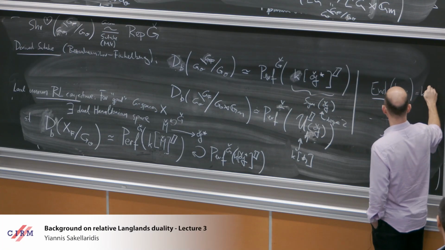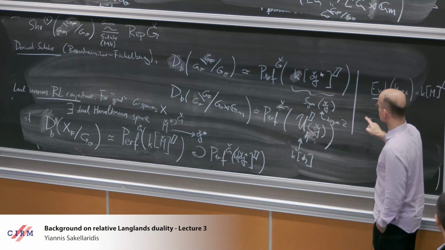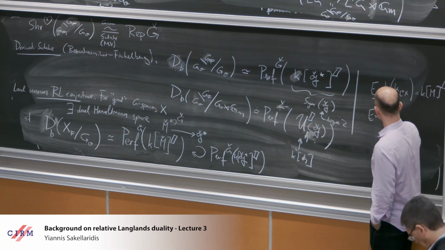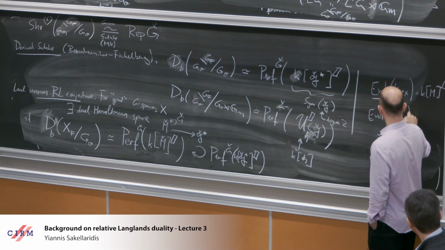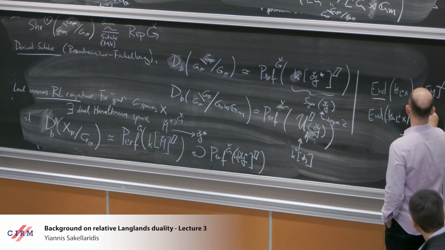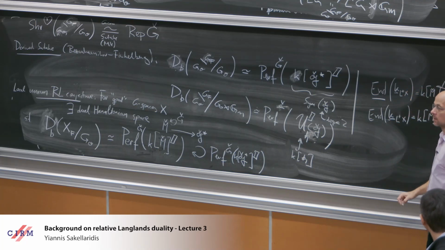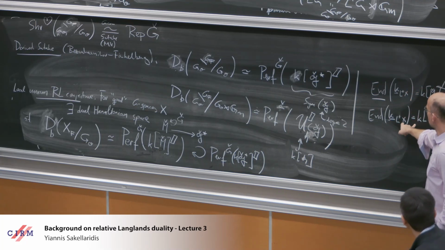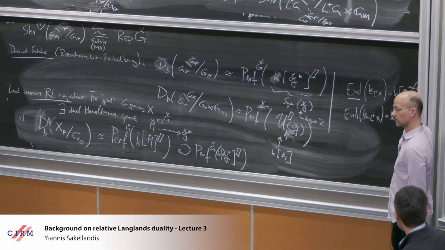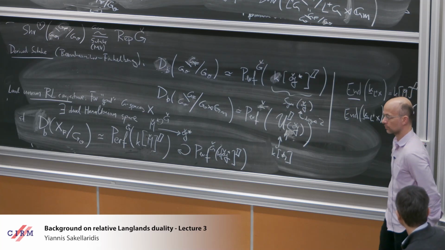Then you recover the whole ring K of M check. I stress the inner because actually, if you just take endomorphisms of this, then you recover the invariants of M check. So basically inner amounts to taking this and acting on it by the Hecke algebra and taking Hom to itself. Then you recover the whole coordinate ring.